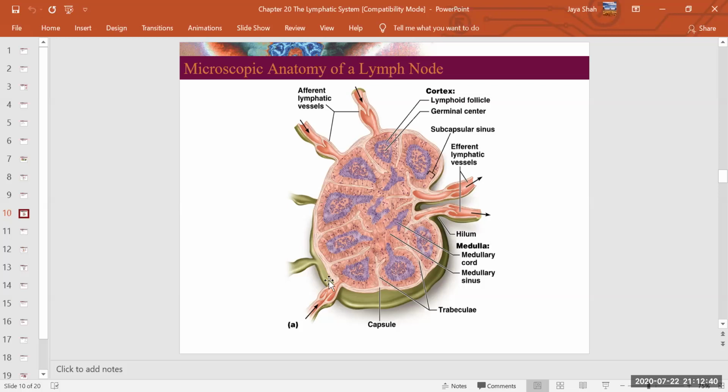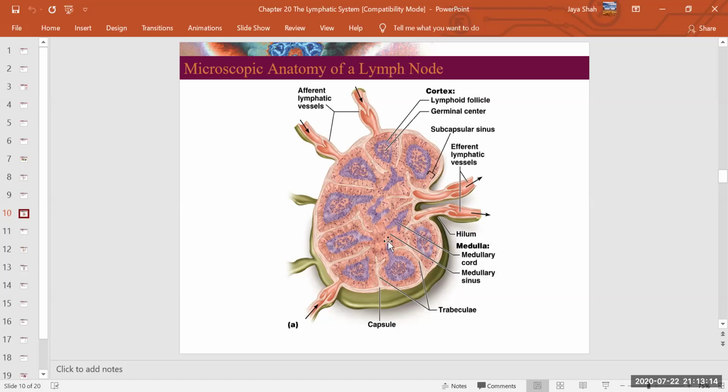The histology of the lymph node: there is a capsule, and the capsule divides the cortex into several follicles of the lymph nodes. Okay, lymphoid follicles. Lymphoid follicles have a germinal center, and the cortex contains white blood cells, and the germinal center contains macrophages, and the medullary cord also contains a lot of macrophages here.